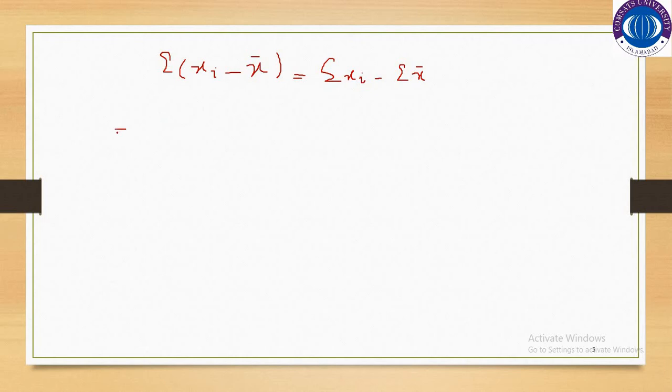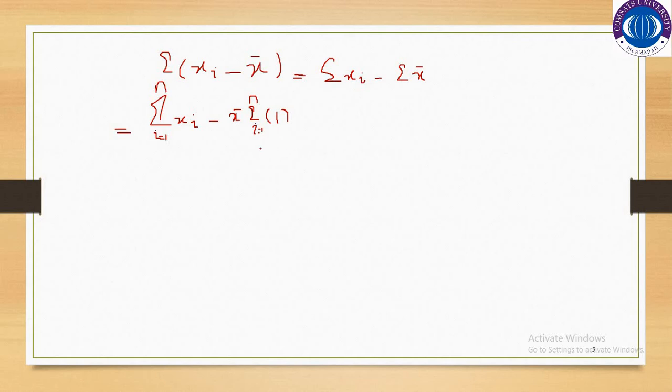So this would be equal to summation xi minus x bar times summation 1, because we have taken the x bar before the summation sign. And the sum is from i equal to 1 to n.